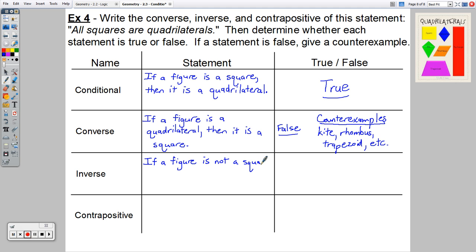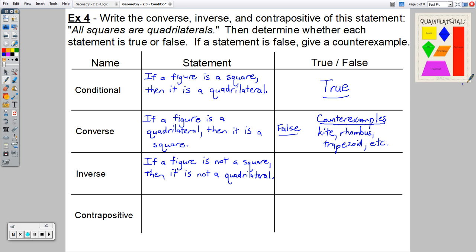So if a figure is not a square, then it is not a quadrilateral. So if a figure is not a square, okay, I could pick kite, I could pick rhombus, I could pick a pentagon if I wanted to. If a figure is not a square, then it is not a quadrilateral.